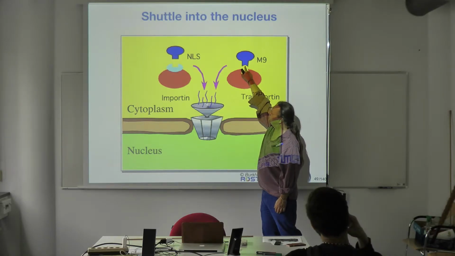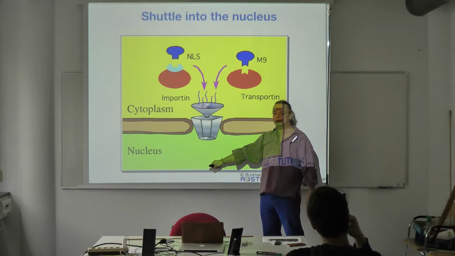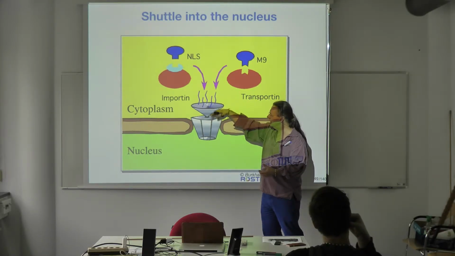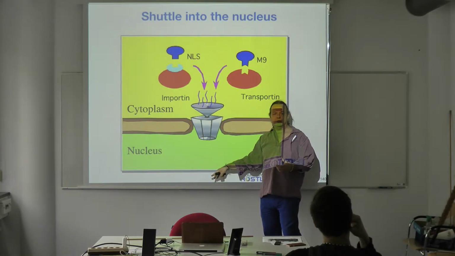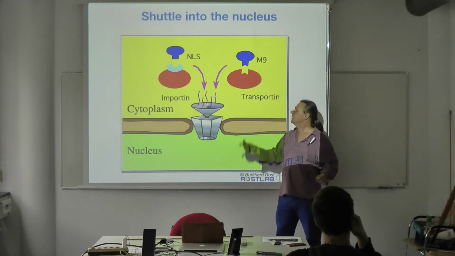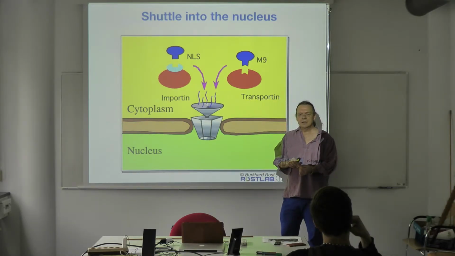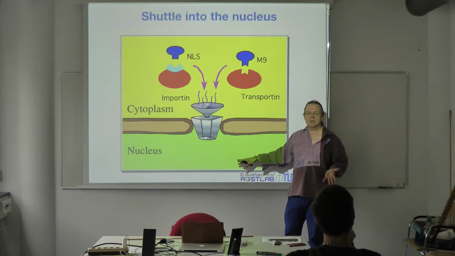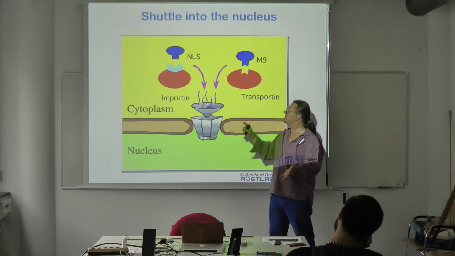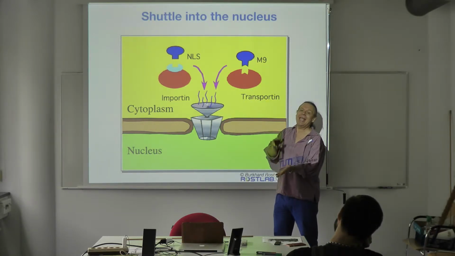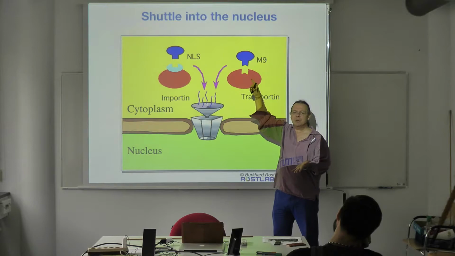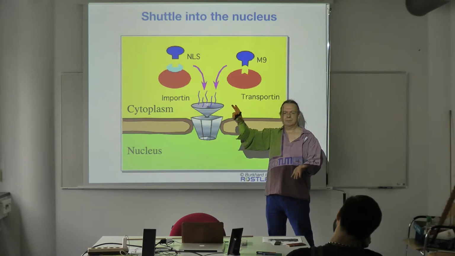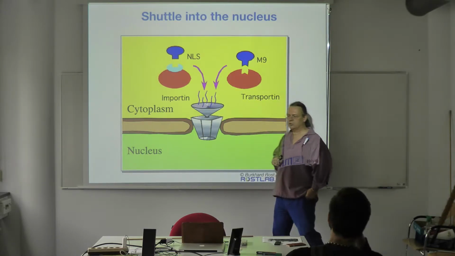They bind to this motif, bring the protein through the pore, the hole in the nuclear membrane here, import it into the nucleus, and then let go. The importins and transportins go away. The protein does whatever it has to do in the nucleus. And sometimes there's an exportin, a protein that exports the protein, and that recognizes the same nuclear localization signal to bring them out. It's a full circle.